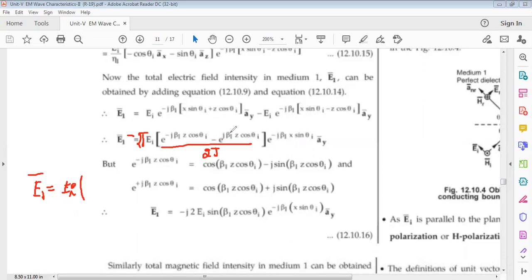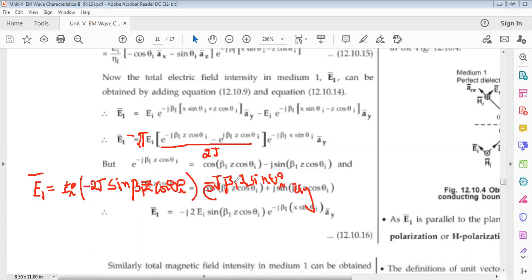Minus means e power jx minus e power minus jx by 2j, we can call it minus 2j into sin x. What is x here? Beta 1 z cos theta. And already we have the exponential as a common term, e power minus j beta 1 x sin theta I into ay bar.